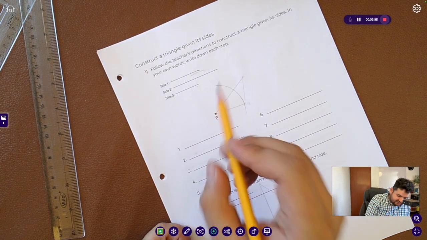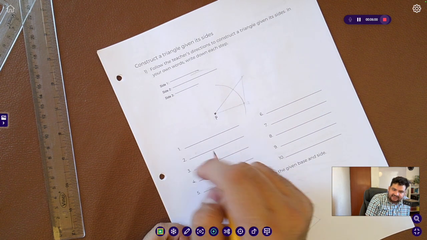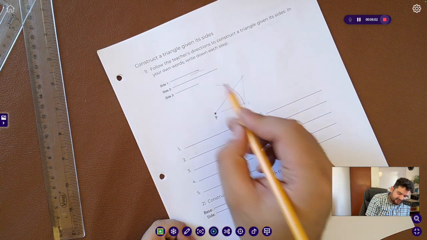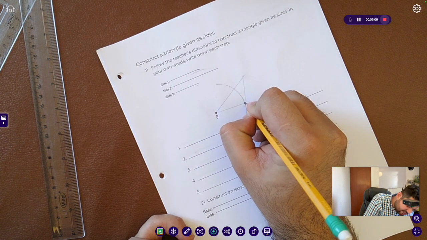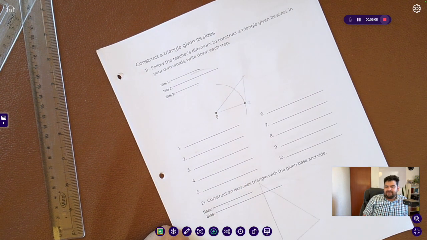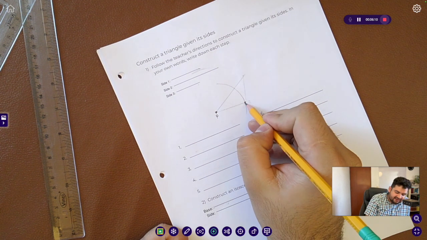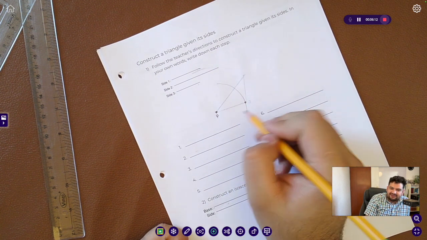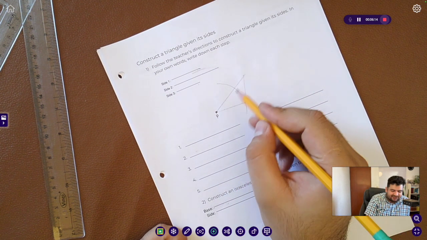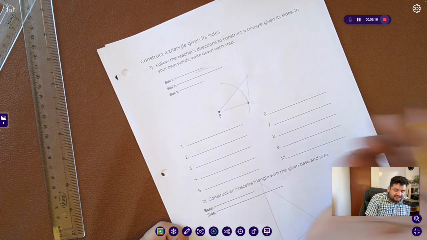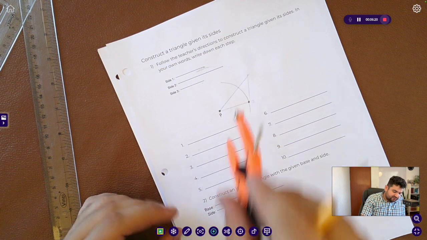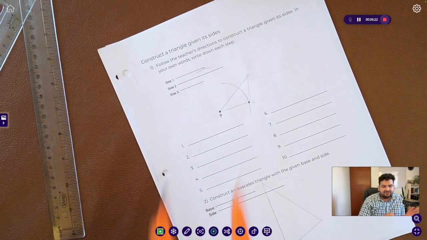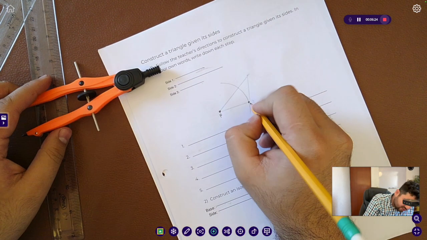So first step, point. Then measure a side, arc. Over the arc, I'm gonna select a point. Any point. I decided here because I want to draw it over the one that I just did like 20 minutes ago, but you can decide wherever you want. If you want to put it here, or complete the circle and put it here, you decide. But I'm gonna put it here.